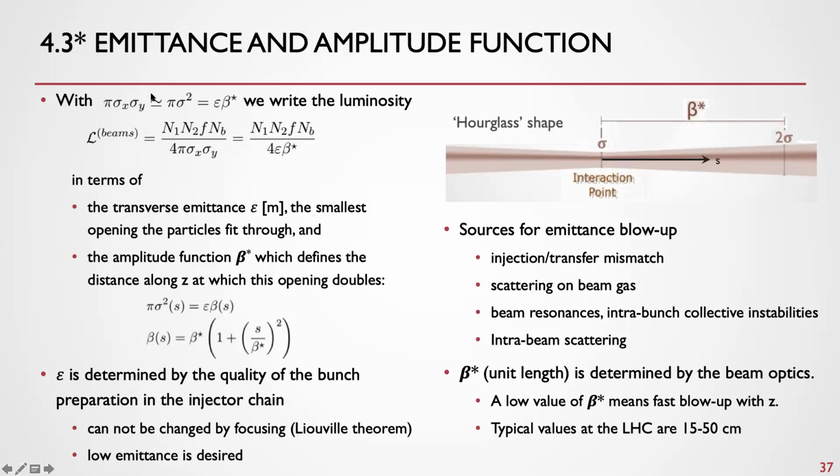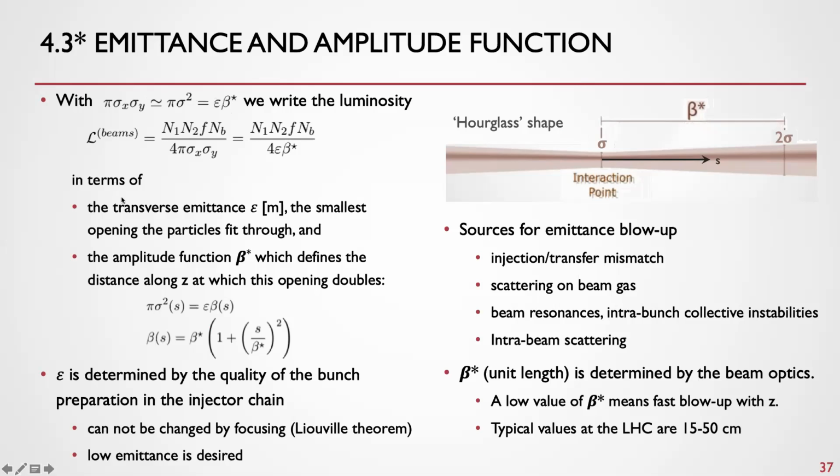In collider physics, these are rewritten as a product of the emittance and the amplitude function. This is not something I'm going to ask you at the exam, but it is worthwhile to explain it once, because these are the typical concepts used when colliders discuss the quality of the machine.